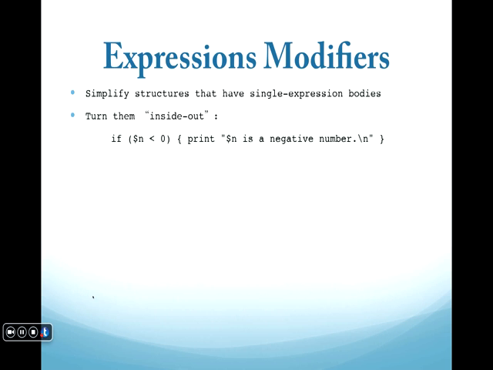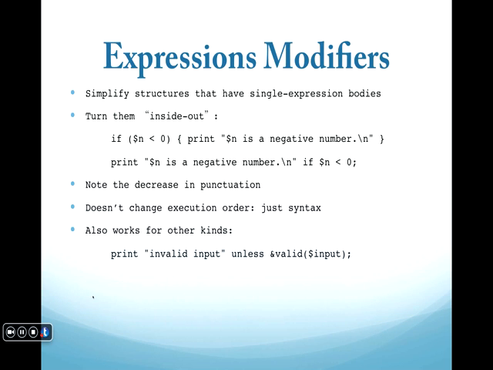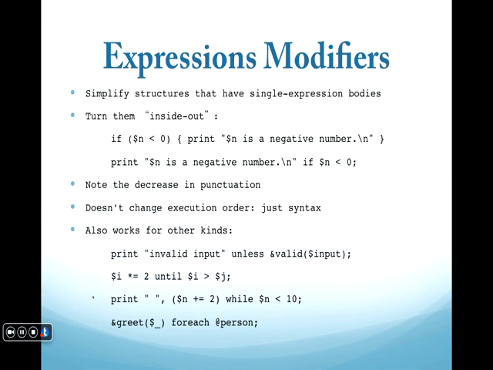Expression modifiers. Okay. Now, we can simplify the structure if we have only one single expression in the body. So instead of saying if n less than 0, then curly braces, print the following statement, I can put it all in one line.